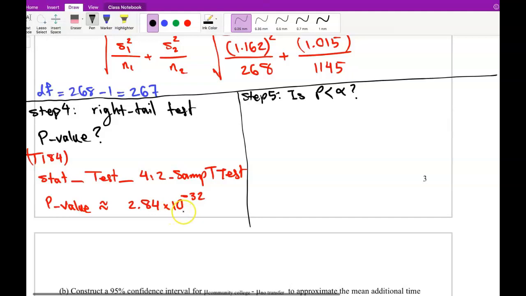This one is obviously less than 1%. So it's 2.84 multiplied by 10 to the power negative 32, less than 1%, yes. So reject, no.